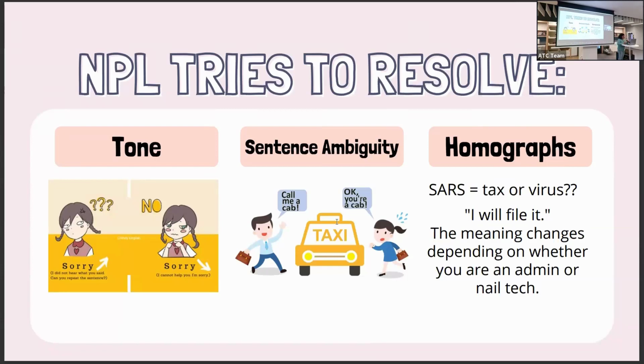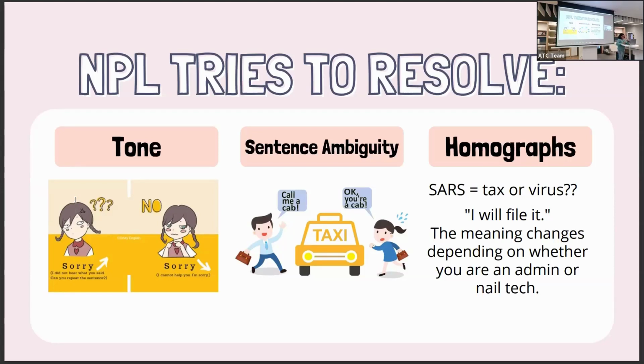Another issue that is resolved is tone. Usually words themselves aren't enough to convey the context in which it is said, like the image showing the word sorry. Depending on whether the inflection is high or low, it can convey the feelings that are meant behind the tone.